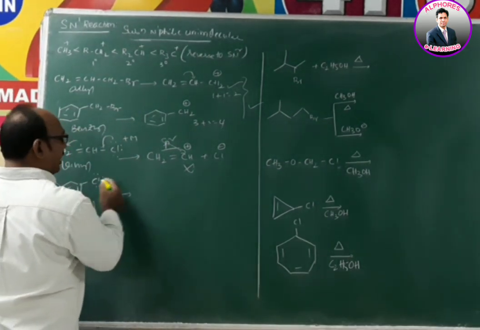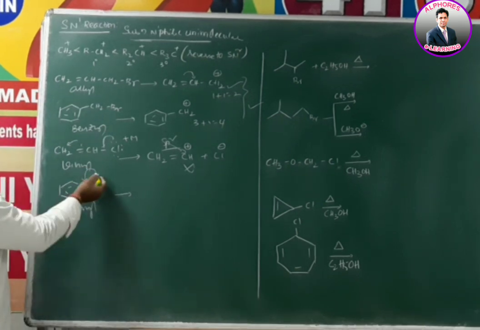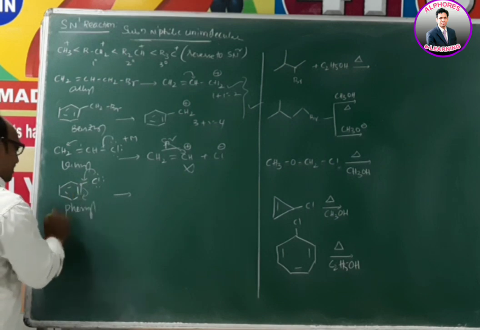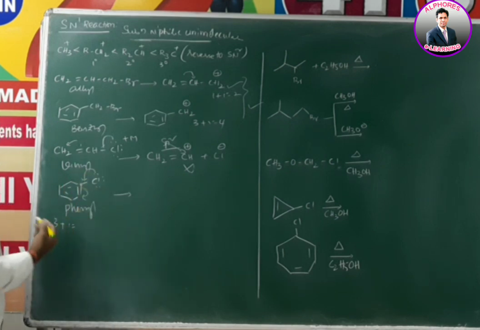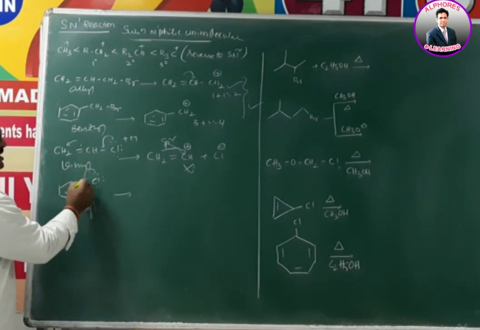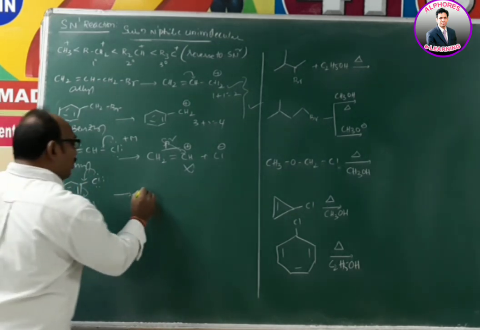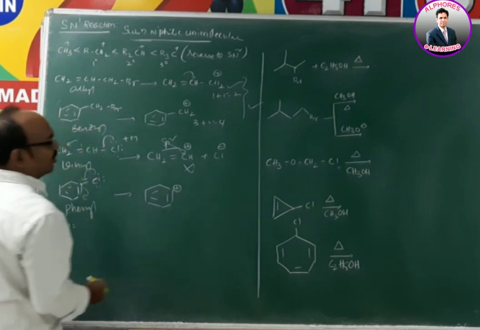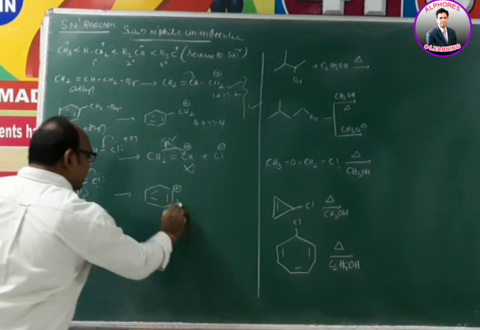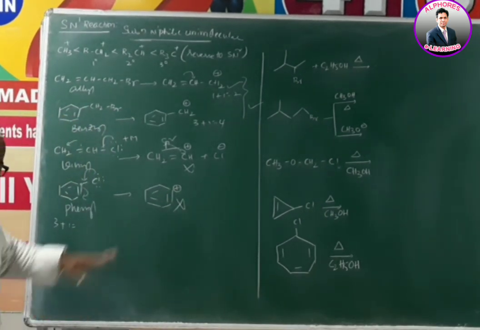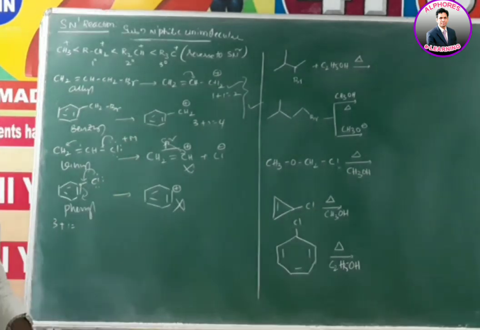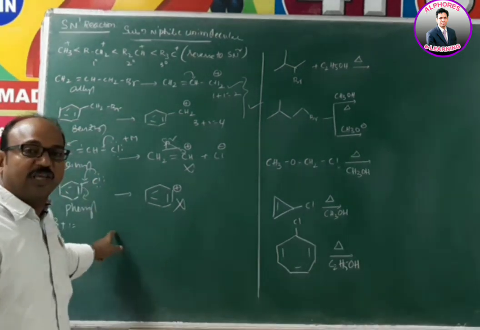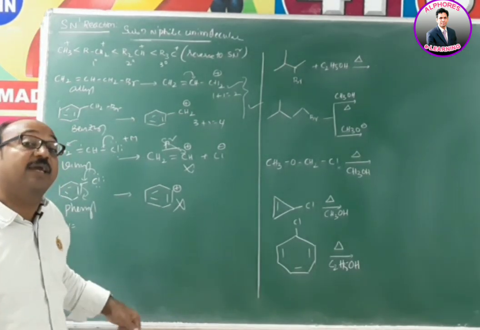Similarly here, for vinyl chloride, the lone pair on Cl is involved in resonance, and because of resonance you get 3 plus 1, 4 resonance structures, giving the C-Cl double bond character. Just like the vinyl carbocation, the phenylic carbocation is also unstable. That's why this one does not form. Since vinylic and phenylic carbocations are highly unstable, their formation does not take place. That's why these two do not give SN1, like SN2.